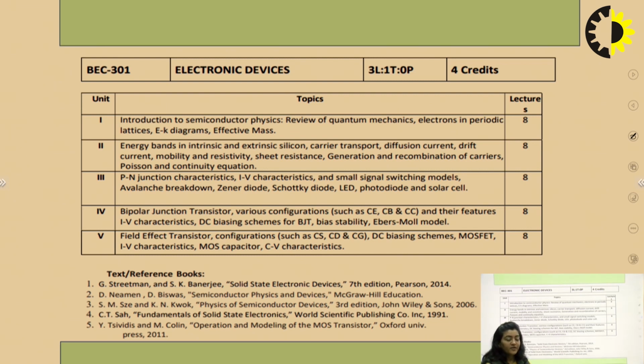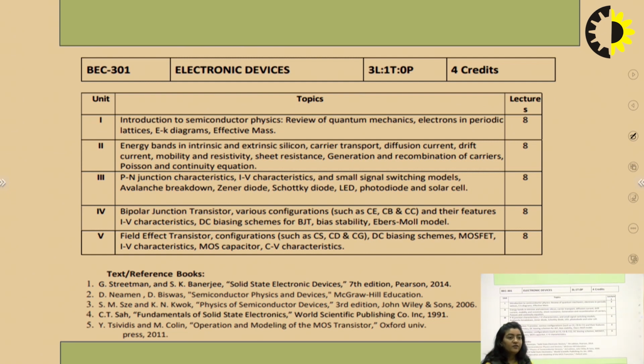BJTs or transistors were a great invention in their time, which was used to modernize electronic circuitry in the field of engineering at that time.